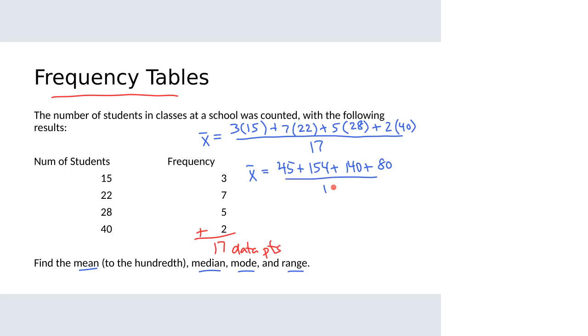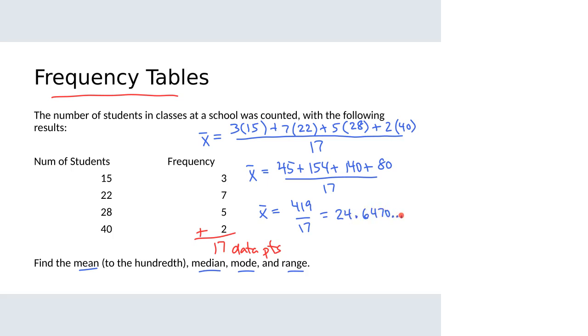And that all gets divided by 17. Now we'll add those up. 45 plus 154 plus 140 plus 80 is 419 over 17. Now we can divide. 24.6470.